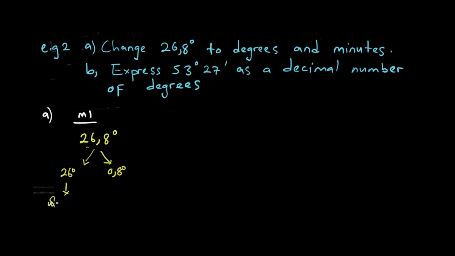Saka this is the whole number part, and this is the decimal number part. And saka having this knowledge, zvirongoreva izvo kuti in answering this question tinenge takungoti 26.8 degrees is equal to 26 degrees plus 0.8 degrees.